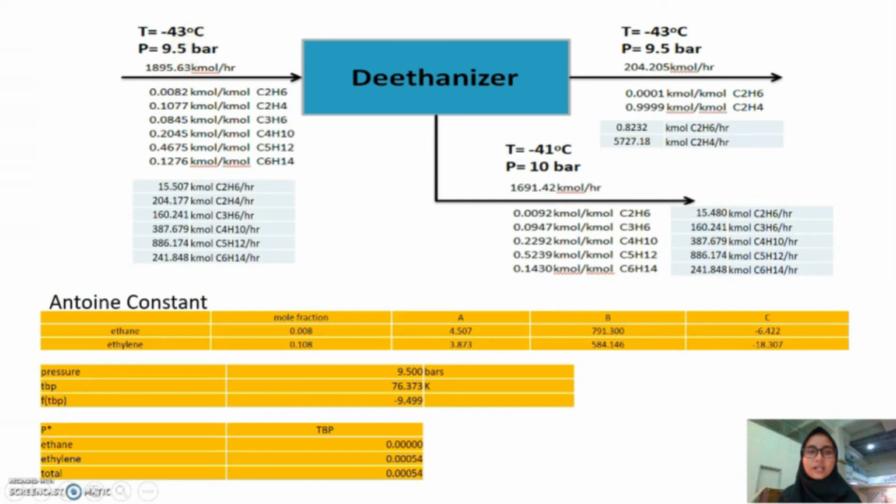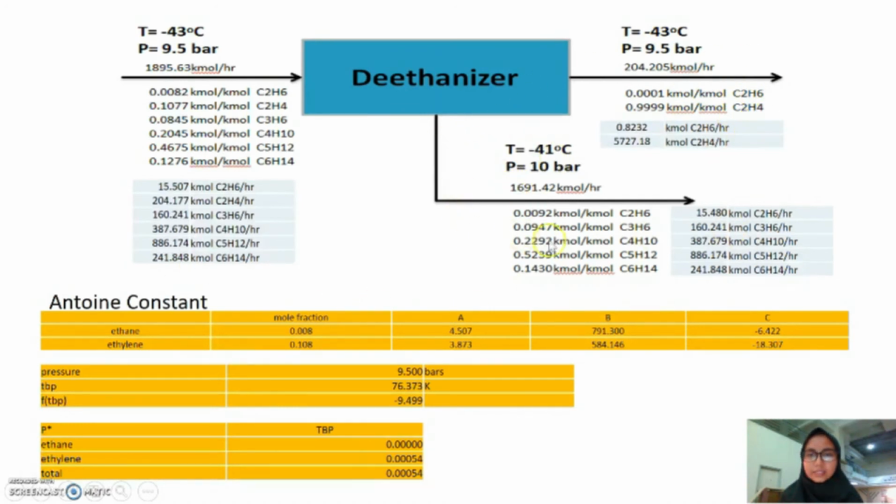Okay. For the input stream, we have a temperature of negative 43 and a pressure of 9.5 bar, which is the efficient pressure to remove 0.999 kmols of ethylene.